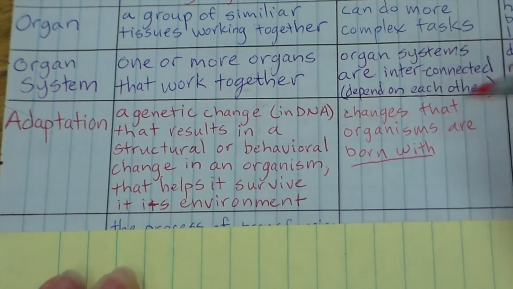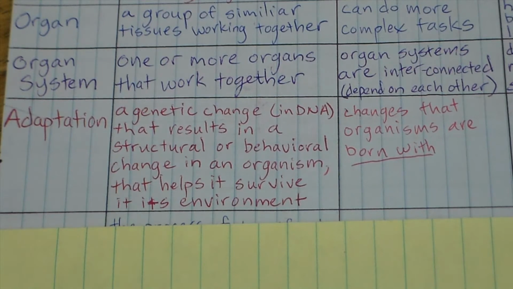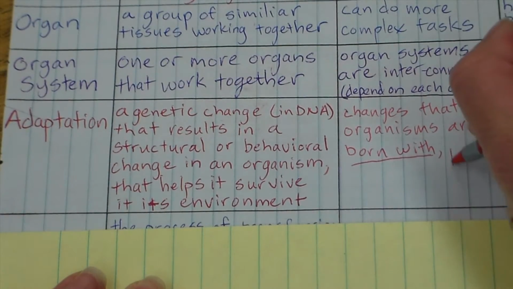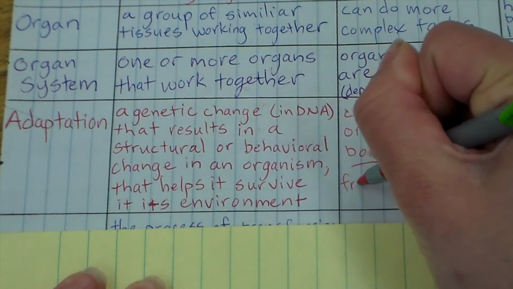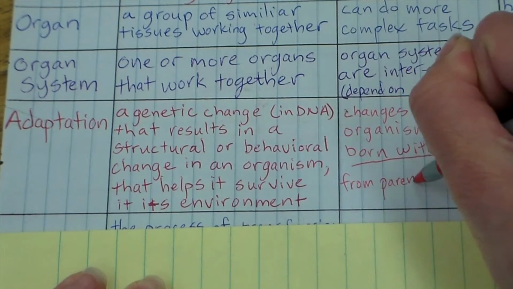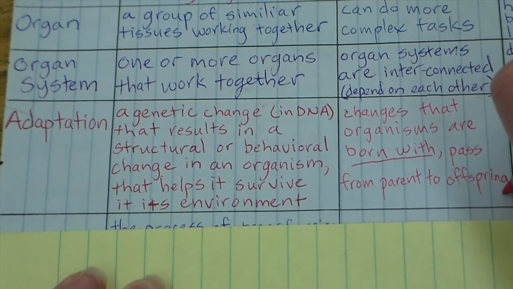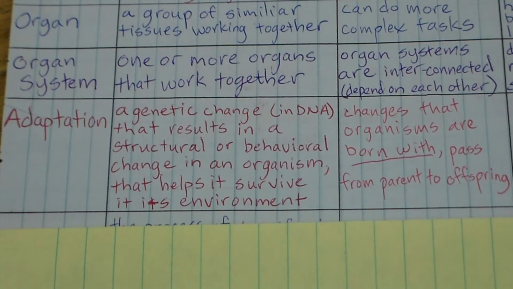Adaptations are things organisms have from the time that they're born, and they can then be passed to their children. So changes that organisms are born with, they pass from parent to offspring. So if the mommy and the daddy giraffe have really long necks, well, then their baby will also have a really long neck. So changes an organism are born with, and they pass from parent to offspring.